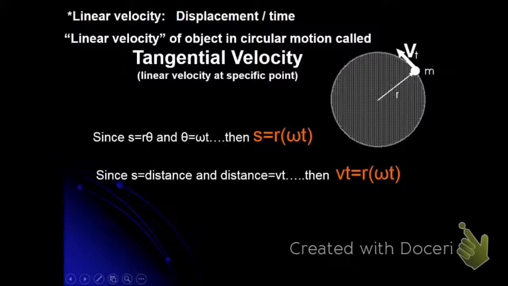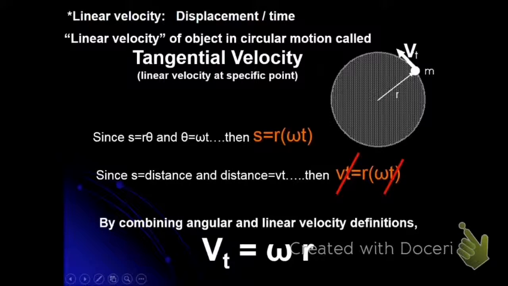From there, we can substitute in, since we know that s is a distance, and distance can be written as velocity times time. We can sub in velocity times time. Now we're going to just cancel out some t's here, and we'll be left with this equation.